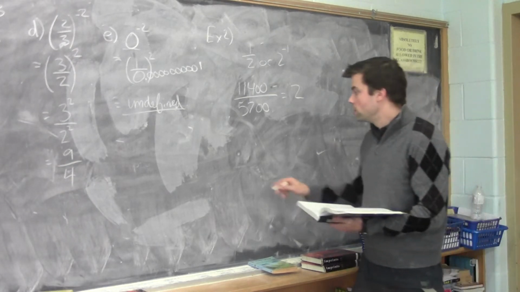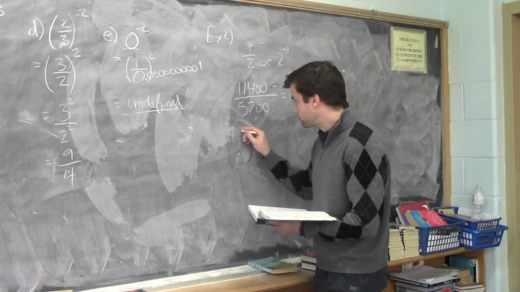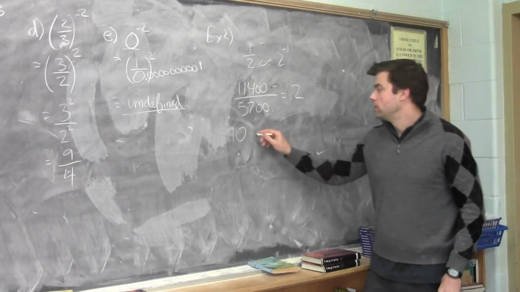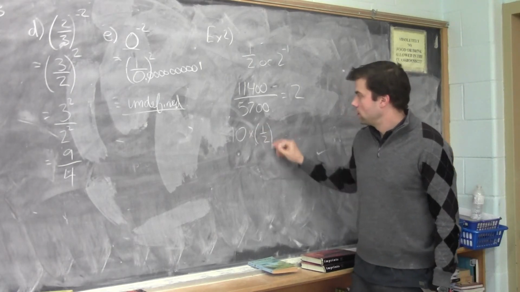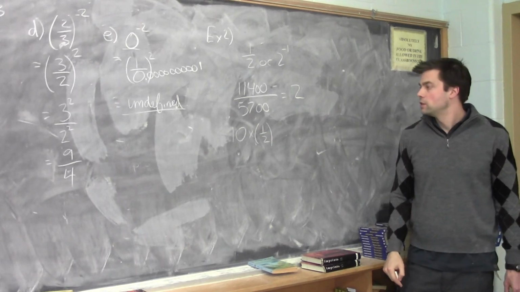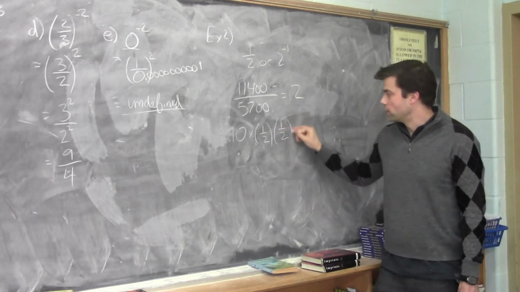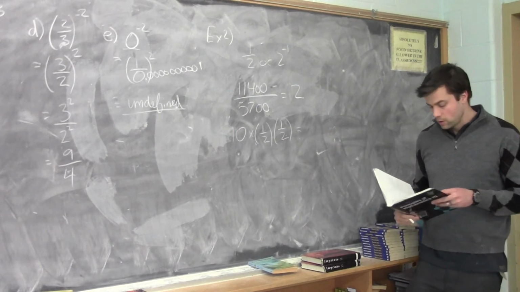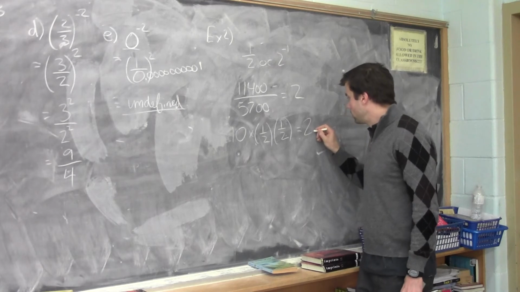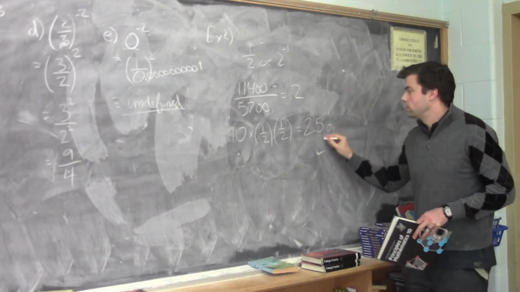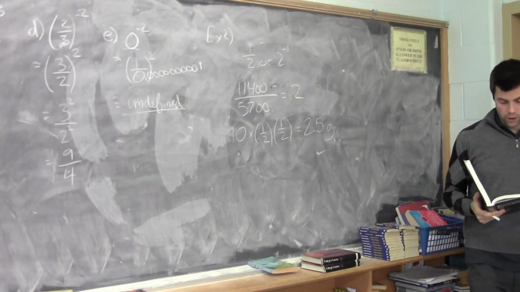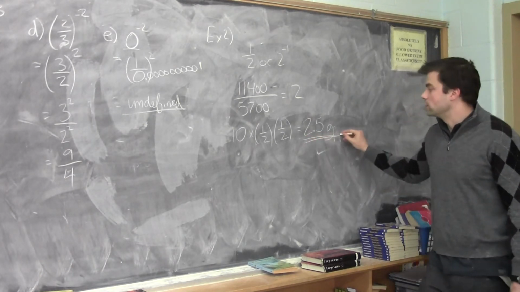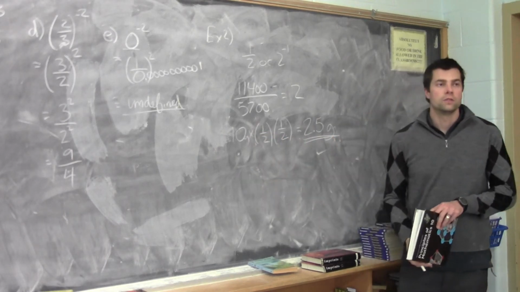If we start off with a mass of 10 grams and we're decaying by 1/2 every 5,700 years, and there are 2 periods, we multiply by 1/2 times 1/2. We get 2.5 grams. The remaining mass after 11,400 years is 2.5 grams if we started with 10 grams.